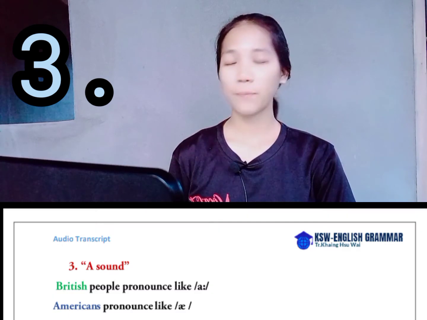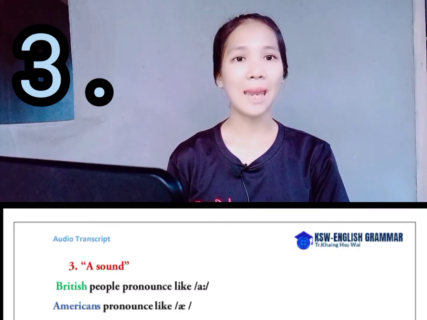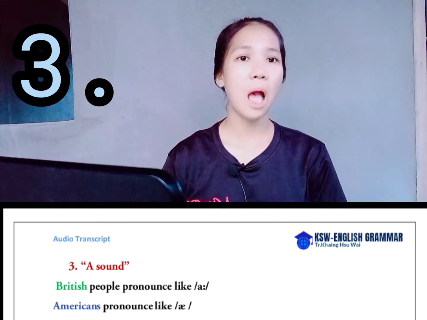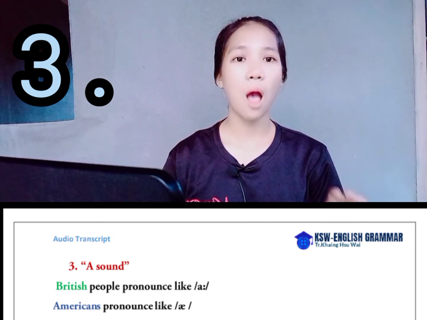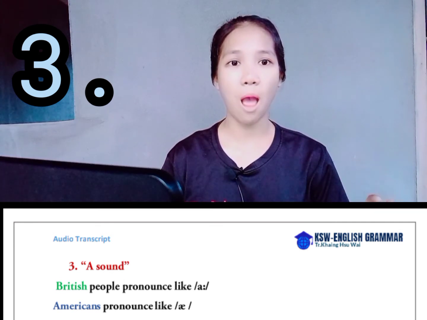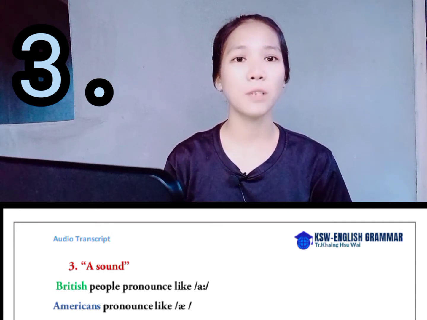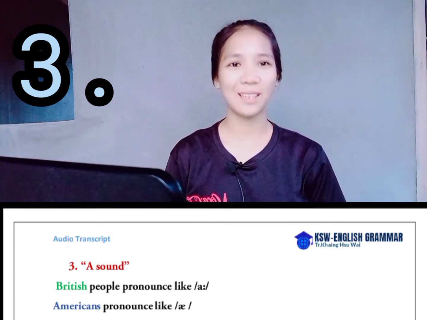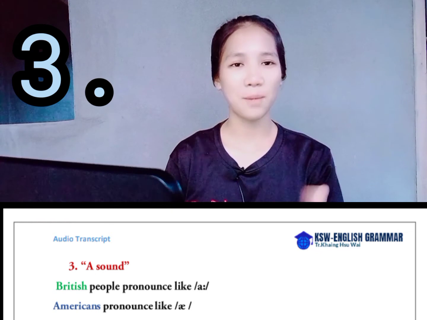The third is the A sound. The British pronounces it like ah, the long vowel sound. But Americans say it shorter. Okay, here are some examples for you.